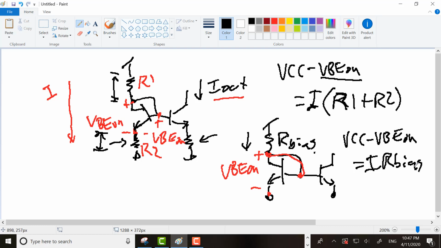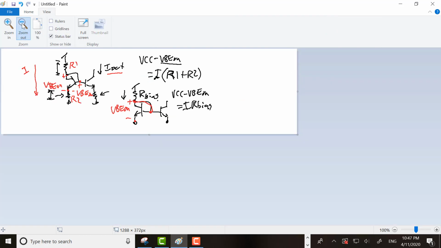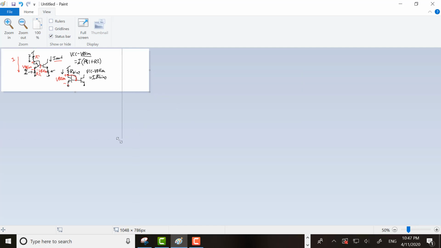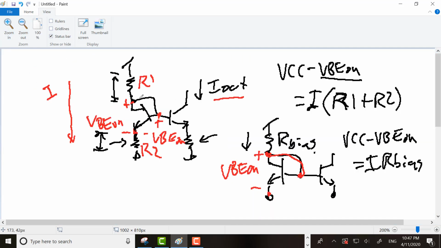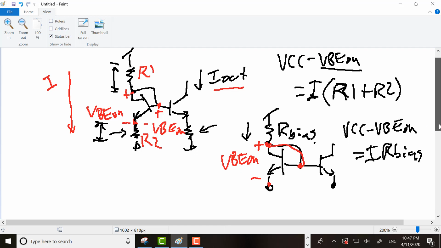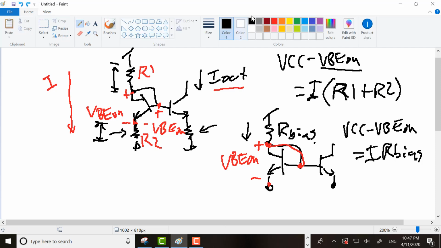So looking at that, what that tells you is that if you look at these two equations, this equation right here has to equal that equation right there.